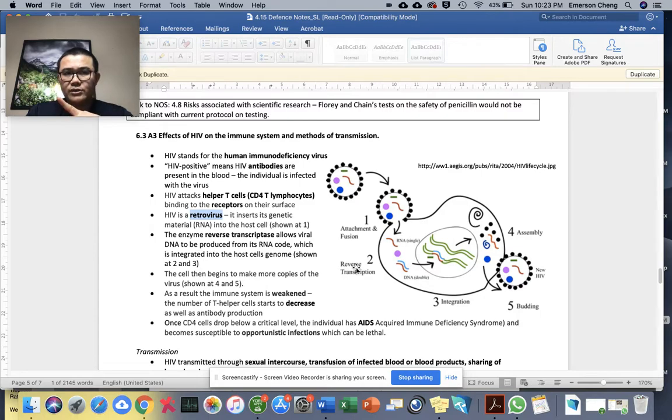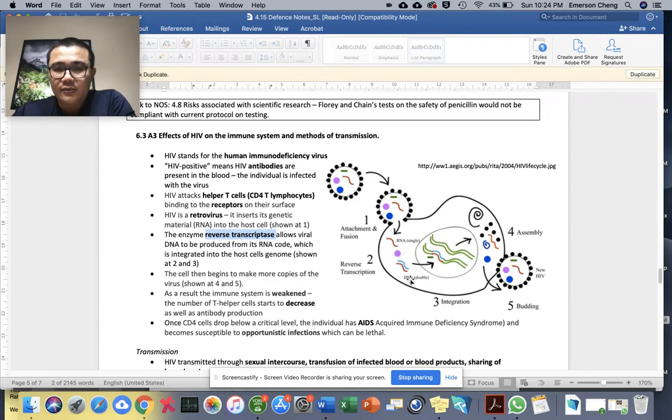You'll learn about transcription probably in grade 12. Transcription is when you have DNA going into RNA. When you go reverse transcription, you go from RNA back to DNA. You'll need a particular enzyme called reverse transcriptase.